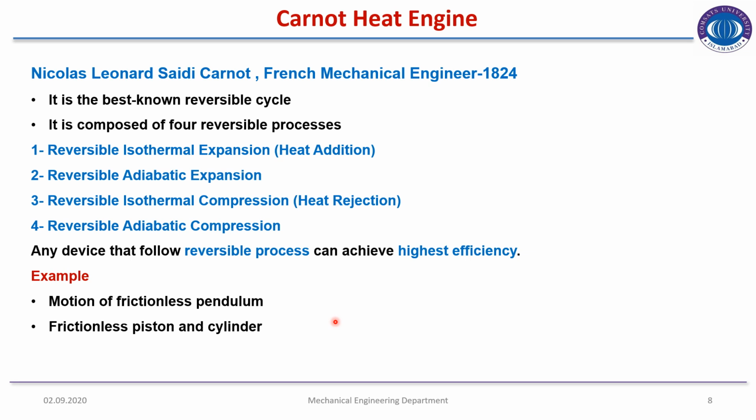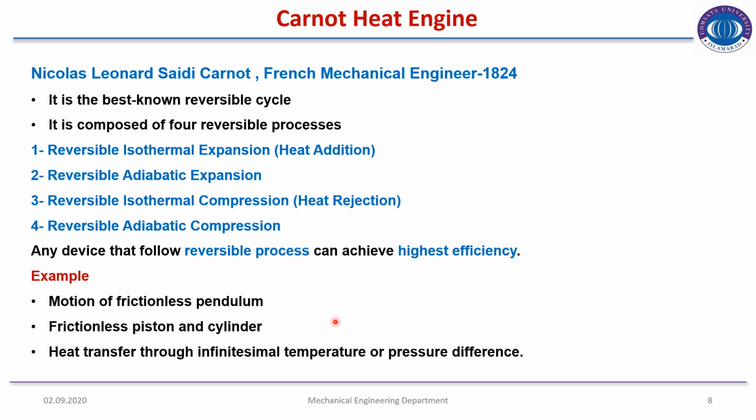As you know, there is friction involved when there is mechanical motion. So when a piston is moving inside the cylinder, naturally there is friction involved, but theoretically when we are solving our problems we neglect the effect of friction. Therefore the motion of a frictionless piston and cylinder is said to be a reversible process.